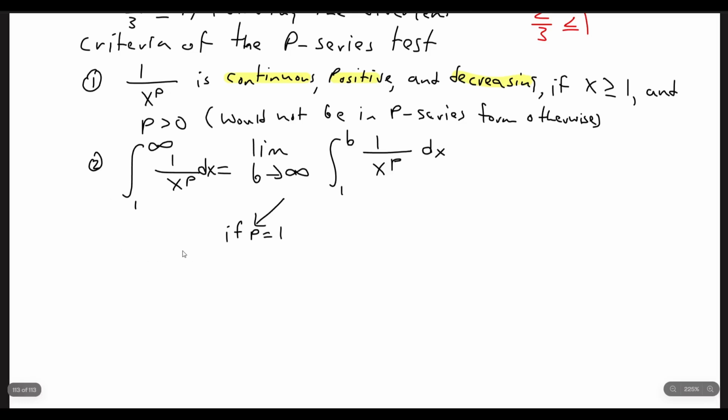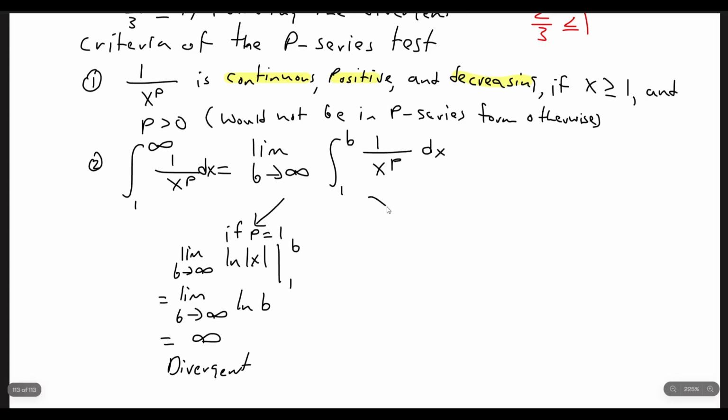So we would have the limit as b approaches infinity of natural log absolute value of x from 1 to b. Technically we don't need the absolute value, but just to be safe we can keep it. Then we have the limit as b approaches infinity of ln of b, and this would just be infinity, so divergent.